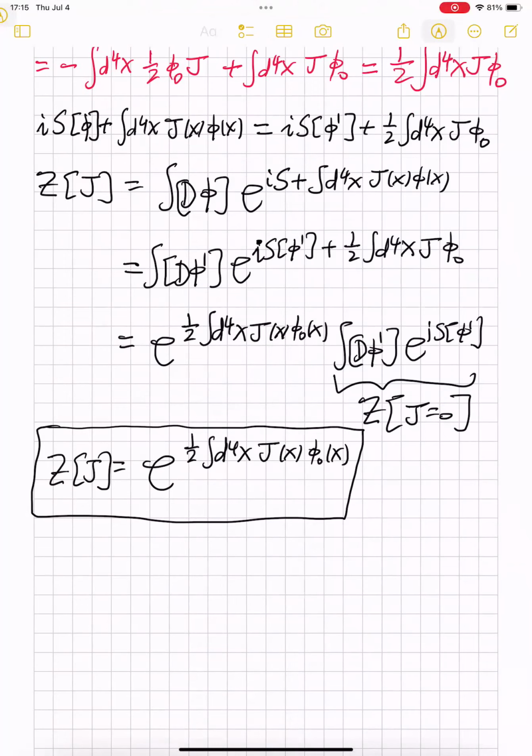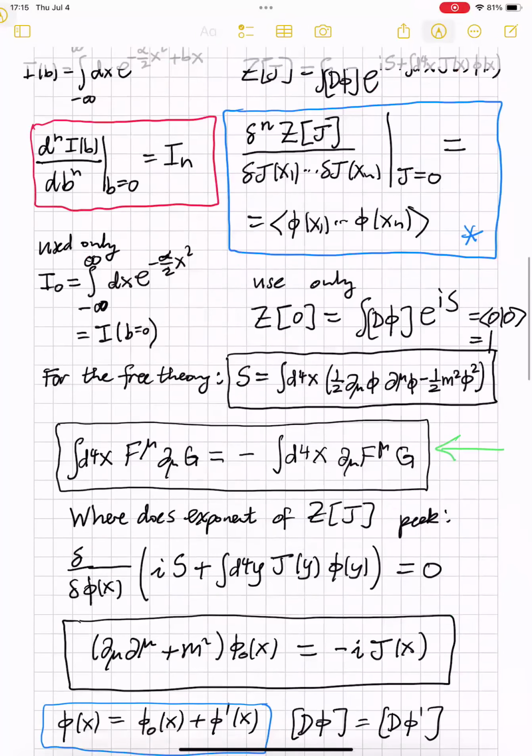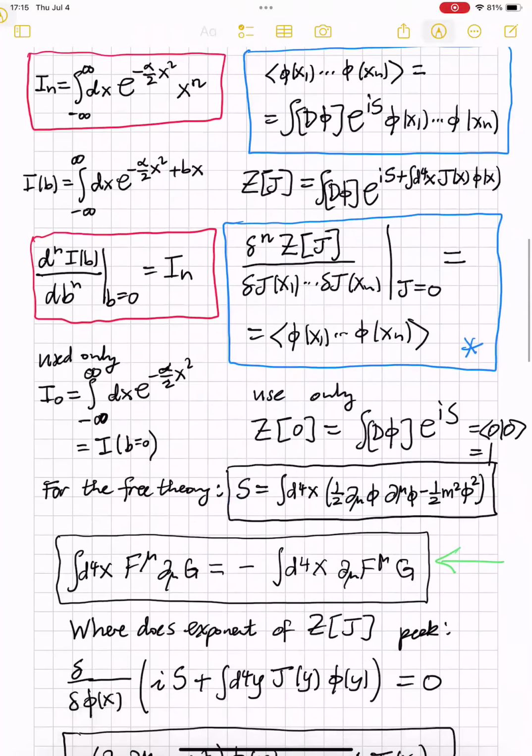And once we've got this written as a function just of the j of x's, we'll be able to go back to the beginning. And what did we say? We said by taking derivatives of z of j with respect to the j's and setting j equal to 0, we should reproduce this correlation function.